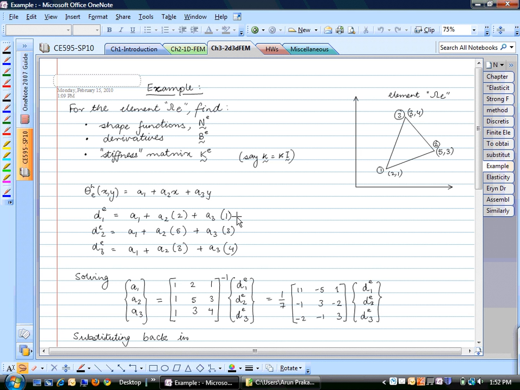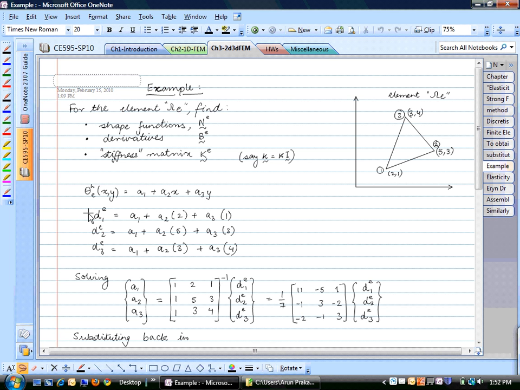That gives us one equation. Similarly, you plug in the coordinates of (5, 3) right here, and (3, 4) right here. So this gives you three equations, and the three unknowns are a1, a2, a3. These are the coefficients of your Ritz approximation.